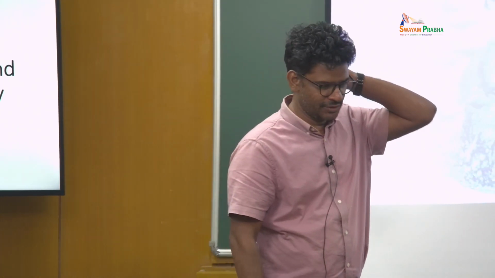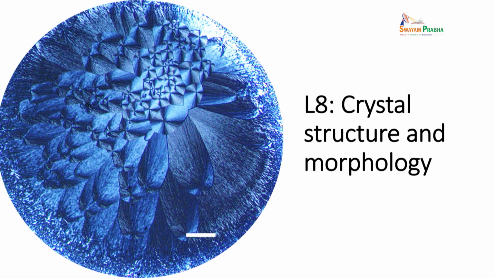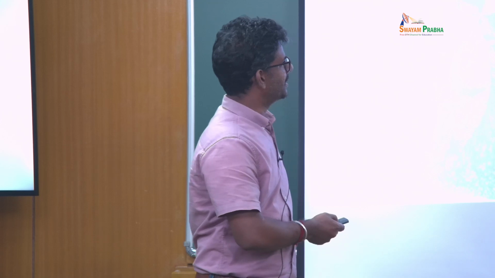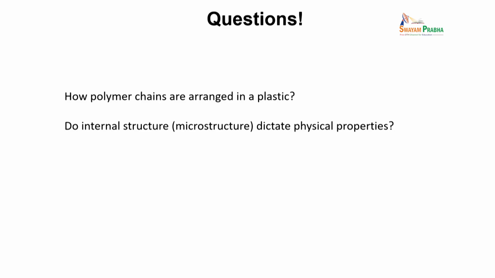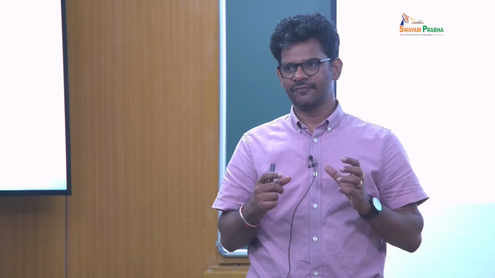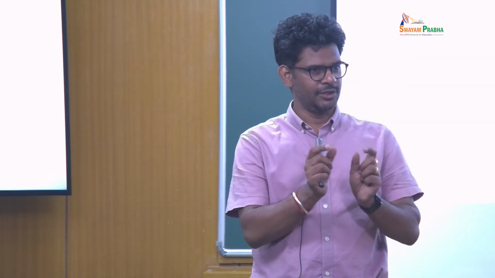So today I want to talk about polymers, microstructure and morphology. So basically the question that we would like to ask is, when we look at polymer, what do we know about polymers? Polymers are nothing but long chain molecules that are formed by combining smaller units together. And so we looked at various chemical aspects.